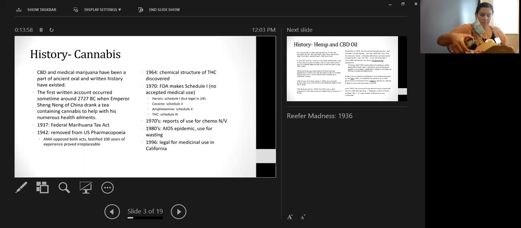So the history of cannabis. CBD and medical marijuana have been around for a very, very long time. In 2727 BC, Emperor Shennong of China drank it in a tea to try to help with ailments.